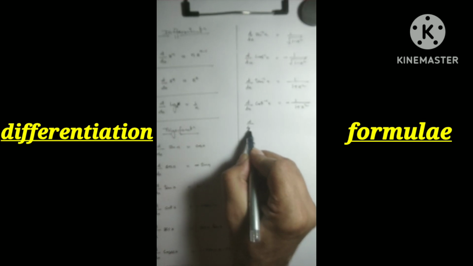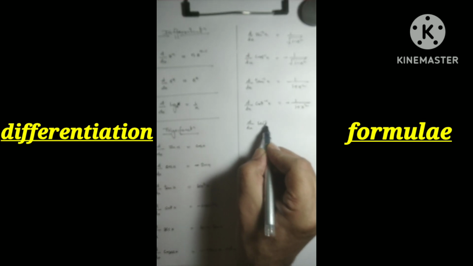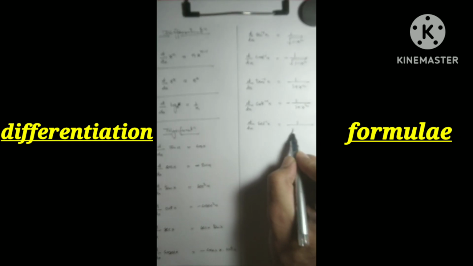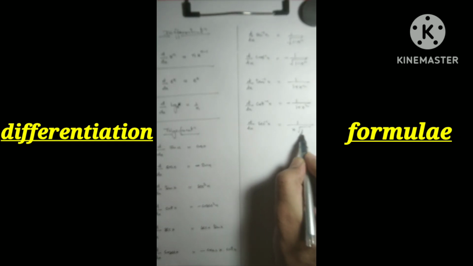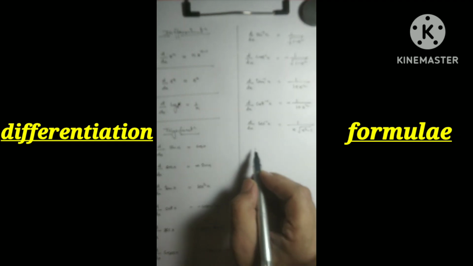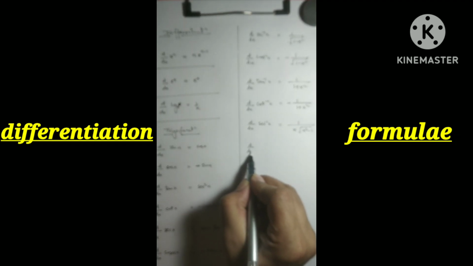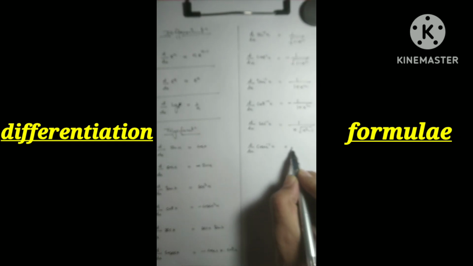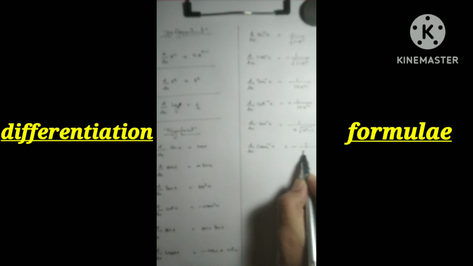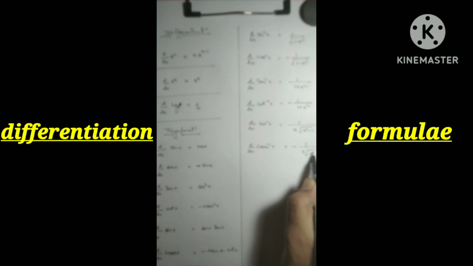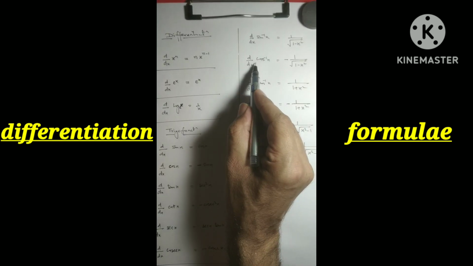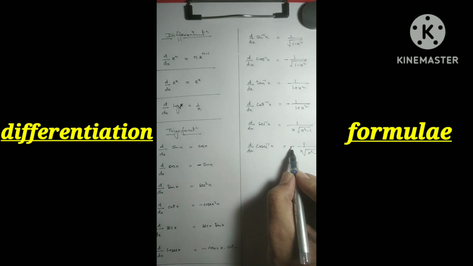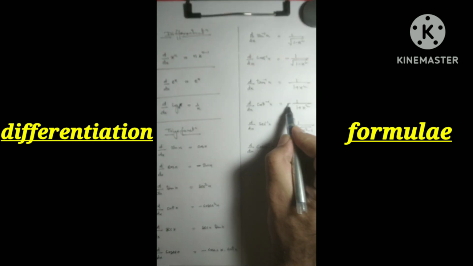D over dx of sec inverse x, so it is 1 over x under root x square minus 1, and the cosec inverse x, it is the same result with negative sign. So अगर ध्यान से देखें तो जितने भी c से स्टार्ट होने वाले फंक्शंस हैं, ऑल आर with negative sign.